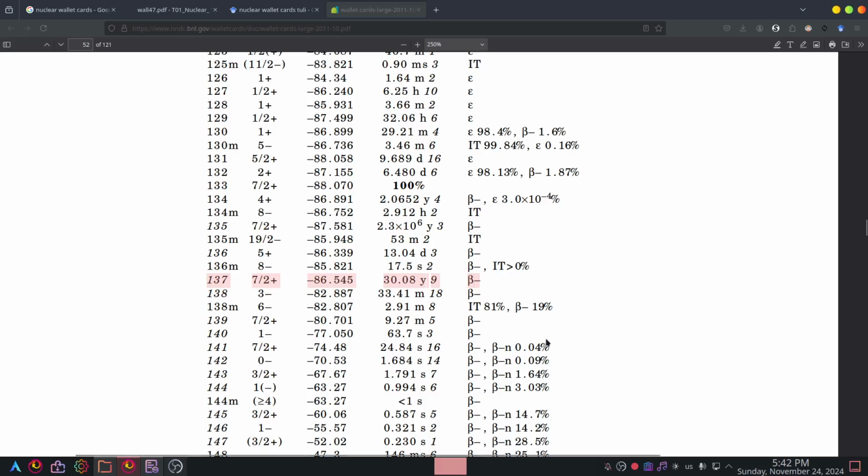It says here it has a half-life of 30.8 years. It decays through beta minus decay.